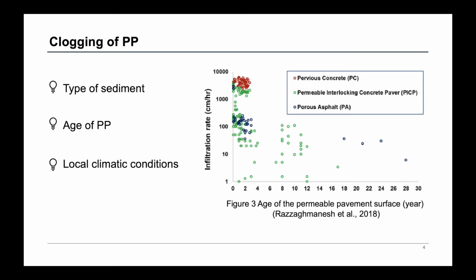The second is the age of permeable pavements. Shown in Figure 3, the infiltration rate decreases significantly within the first 2 to 3 years, and the general trend is the infiltration rate decreases as the age increases. The last is the local climatic conditions like the rainfall intensity.